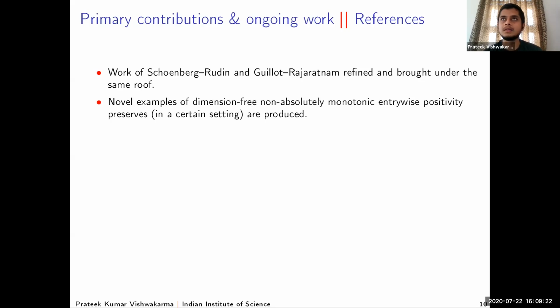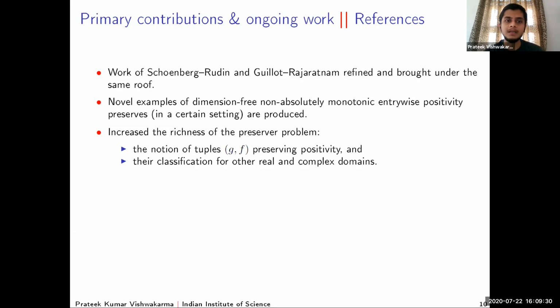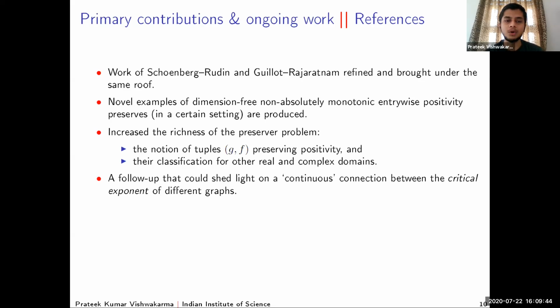Since the search for such entry-wise positivity preservers began with the observation of Pólya and Szegő, this work has also increased the richness of the preserver problem by introducing the notion of two functions g, f preserving positivity. And the initial classification done along this direction leads us to a problem which could improve upon the work done on the critical exponent of graphs.